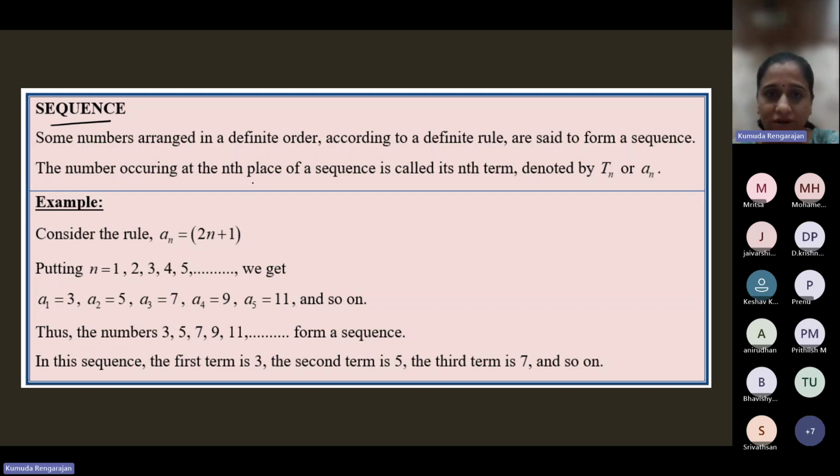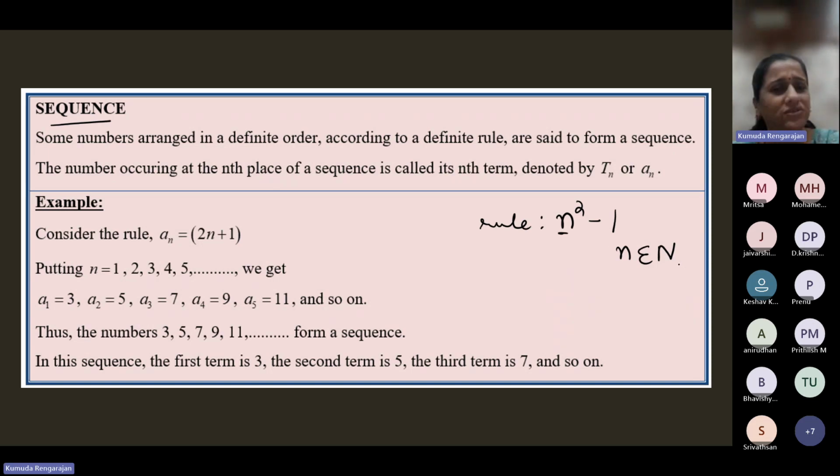Now let's use the rule n square minus 1, where n belongs to natural numbers, and generate the sequence.